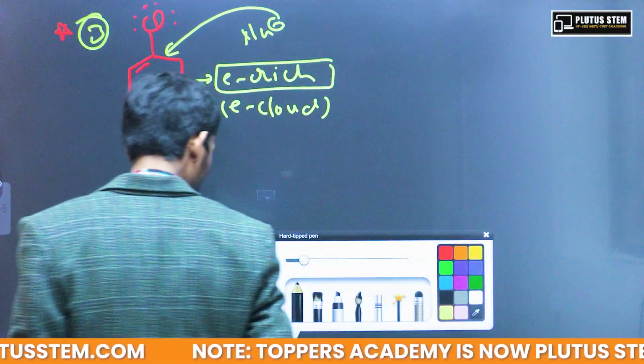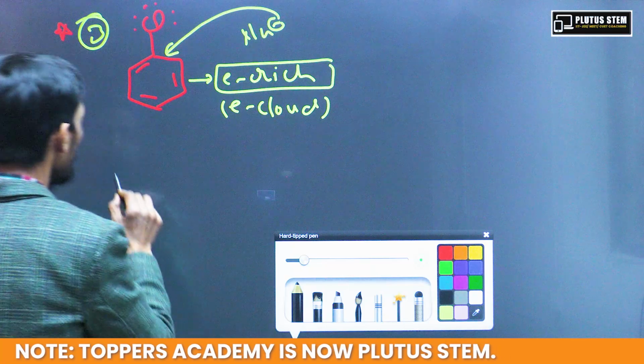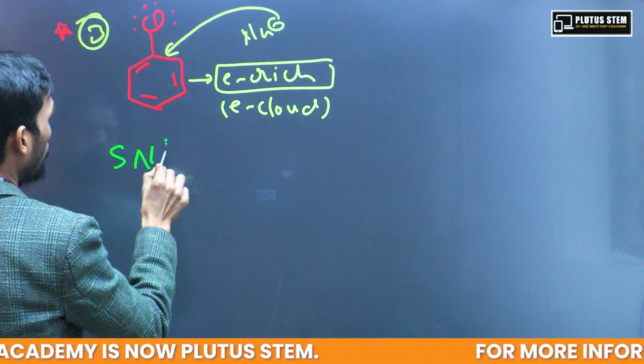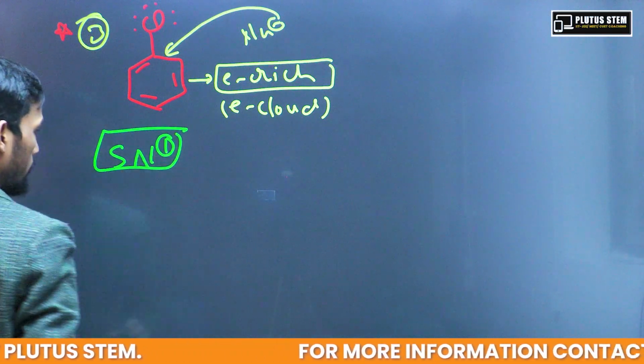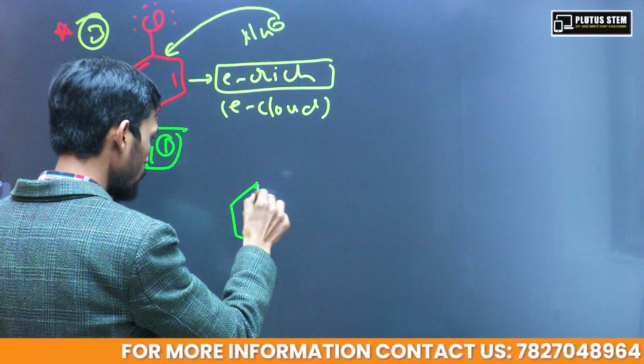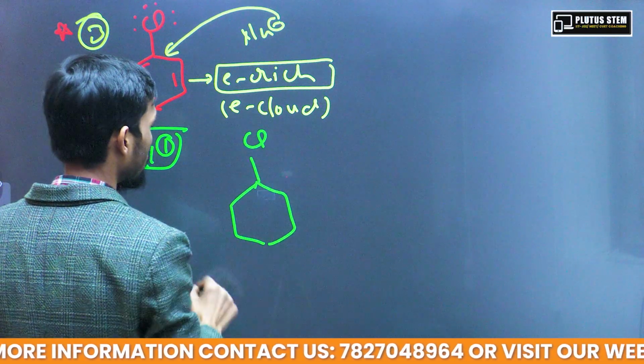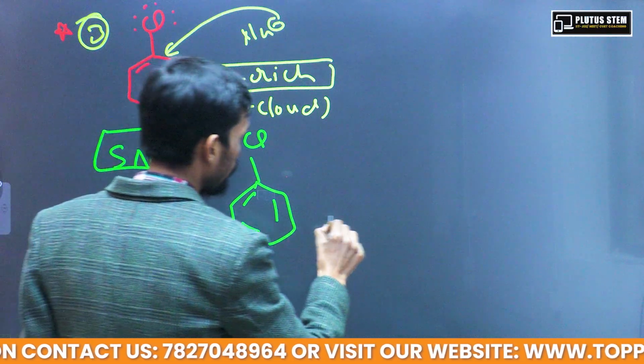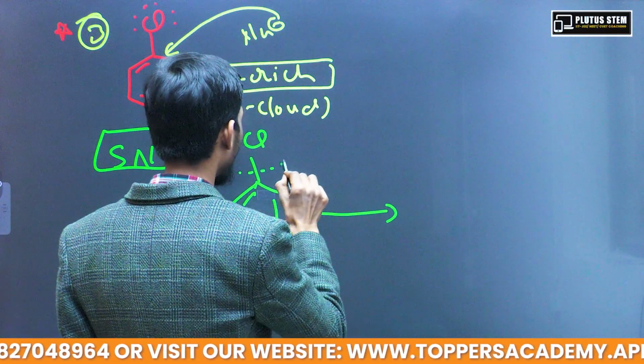Now one more reason, specifically for the SN1 reaction. Why will it not follow the SN1 reaction? In an SN1 reaction, what happens? Formation of a carbocation takes place.